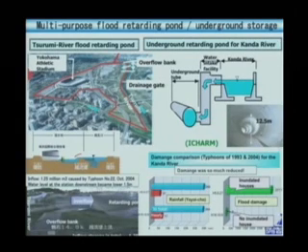And these are the multi-purpose flood retarding ponds and underground storage installed in the Tsurumi River Basin, south of the Tokyo area.